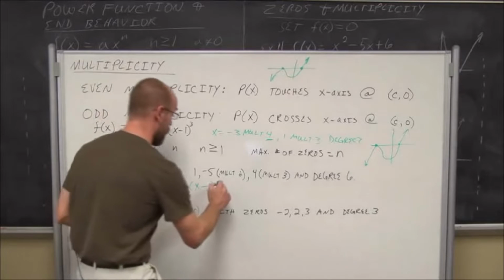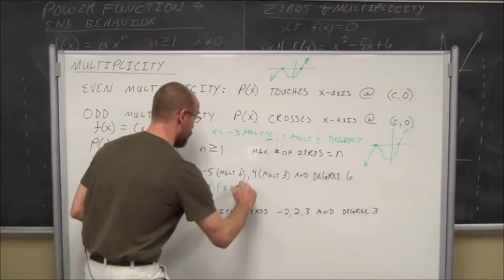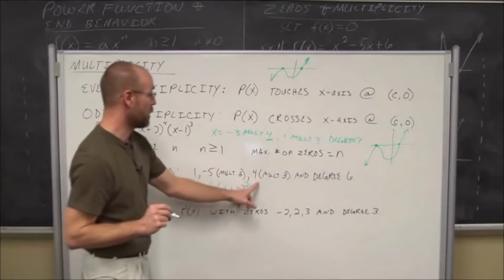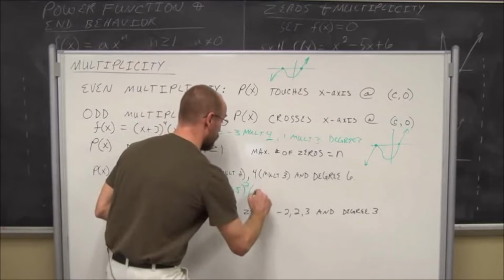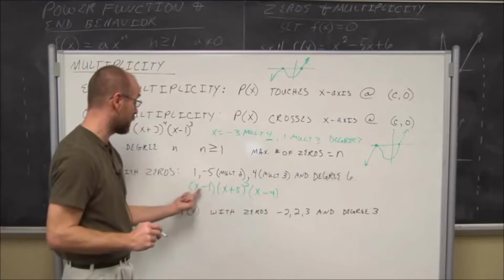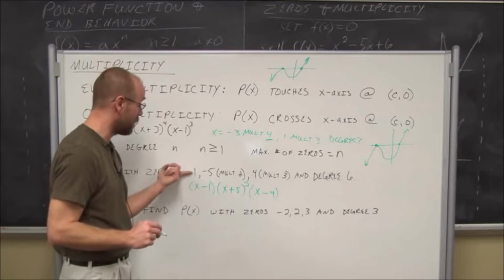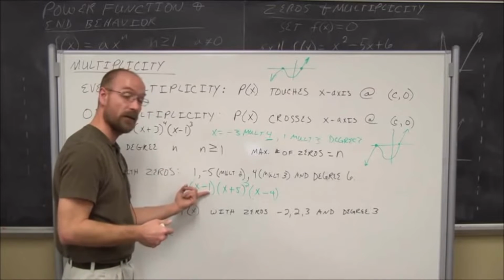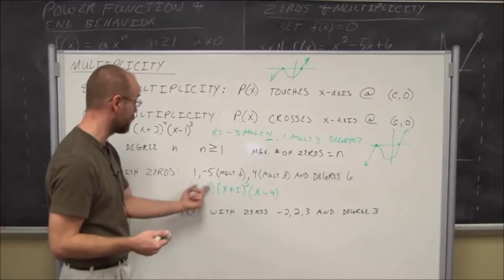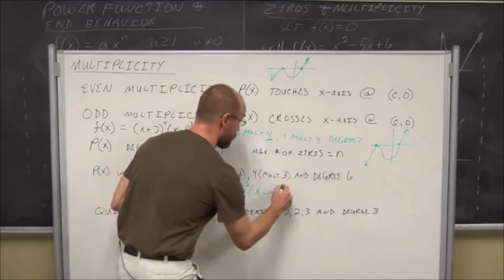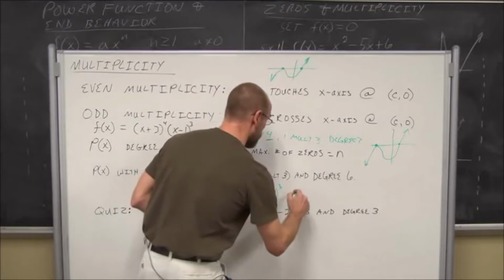I'm going to have x minus 1, x plus 5, and multiplicity 2 tells me it's squared. This one says we have a 0 of 4. Now, you notice I'm changing the signs, right? Because we were saying, what does x have to be? Well, if x has to be 1, its h value or constant in here is the opposite of what you see. And then this has multiplicity of 3, and it's of degree 6.